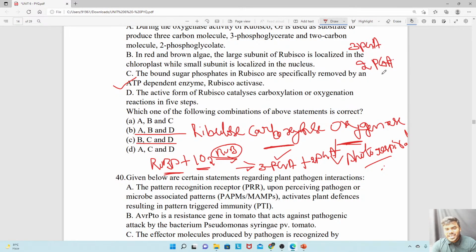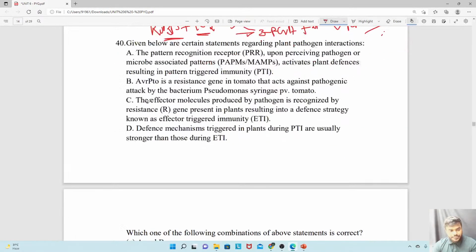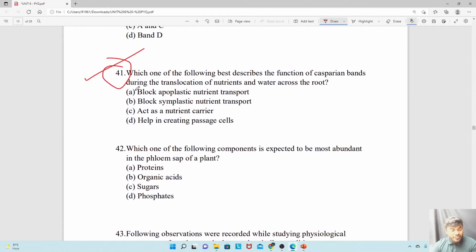Now the question is saying that this 2-phosphoglycolate can be converted into 3-PGA in 5 major steps in 3 organelles. You got my point? The 2-PGA is converted back into 3-PGA in the 3 organelles by 5 major steps. That is the point. You got that? Okay, that's good.